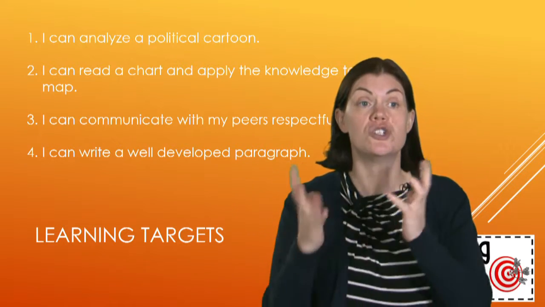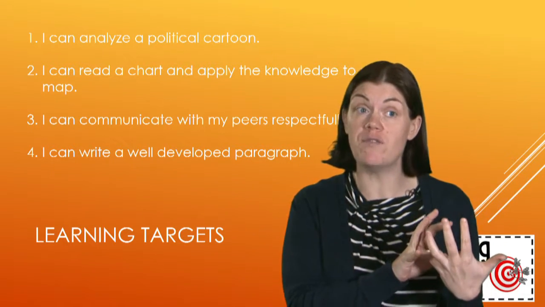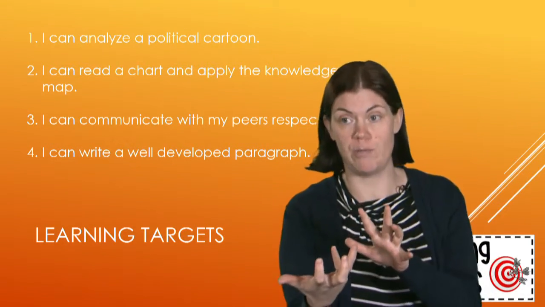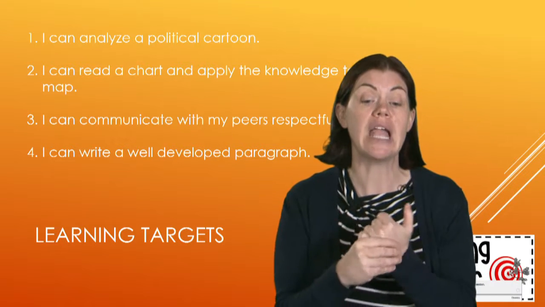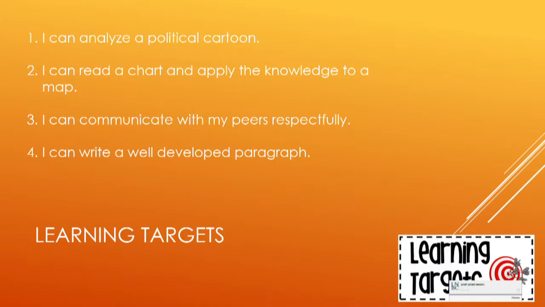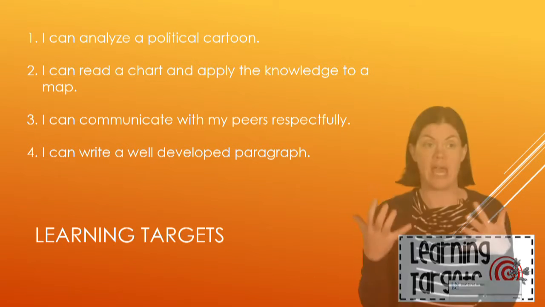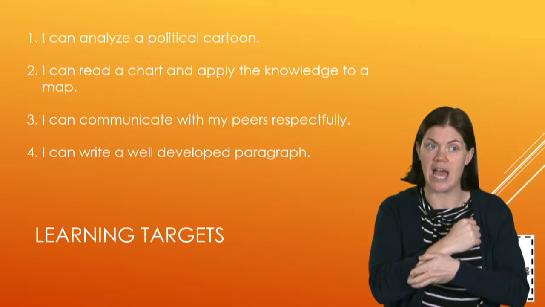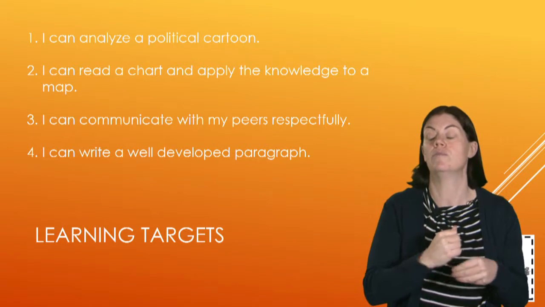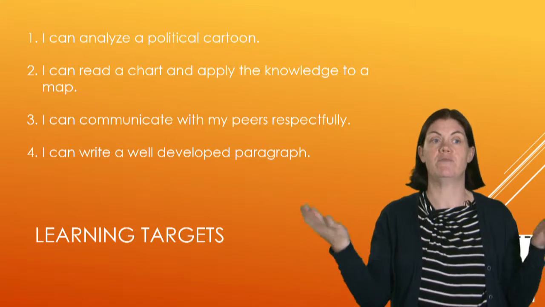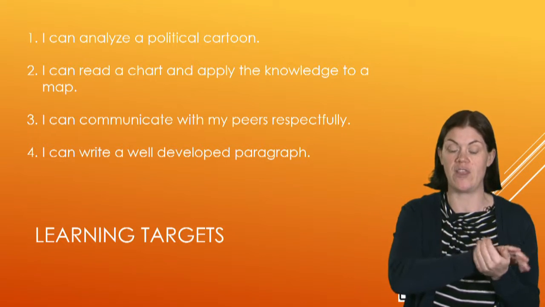So translating one form of information into another form of information. Your third learning target is that you can communicate with your peers in a respectful manner. And we're going to talk about how you're going to do that later on. And then again, always working on our writing skills, right? I can write a well-developed paragraph. We're going to keep working on that.